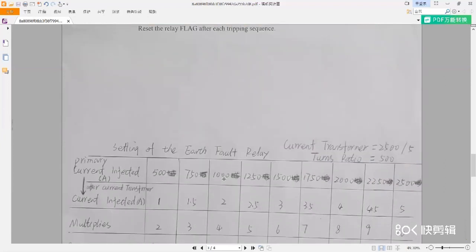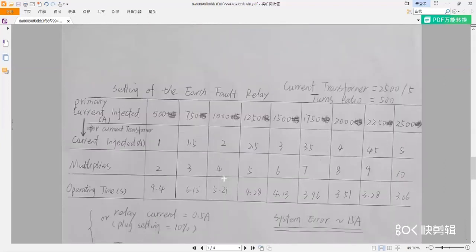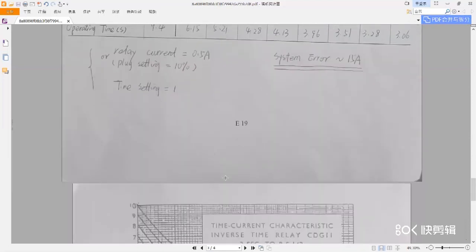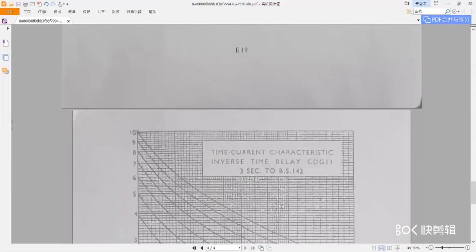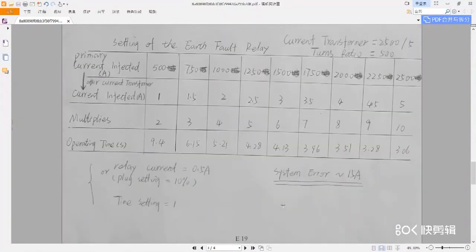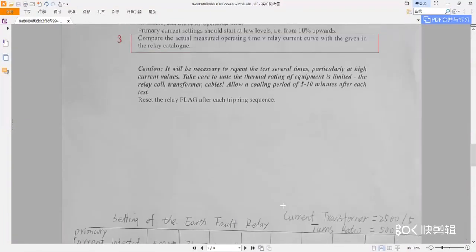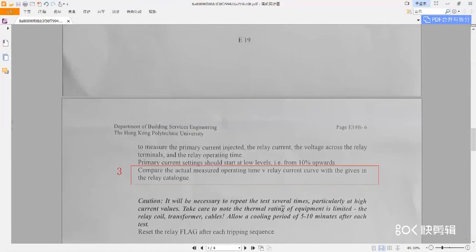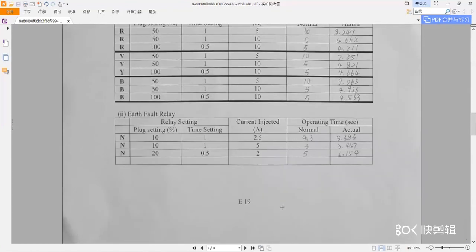So you have to use the data collected in the setting of Earth fault relay experiment and draw your curves, and then compare with the curves in this catalog, which I will share with you later. So this is the content that you should include in your lab report in the end. And hope you can get a good grade.